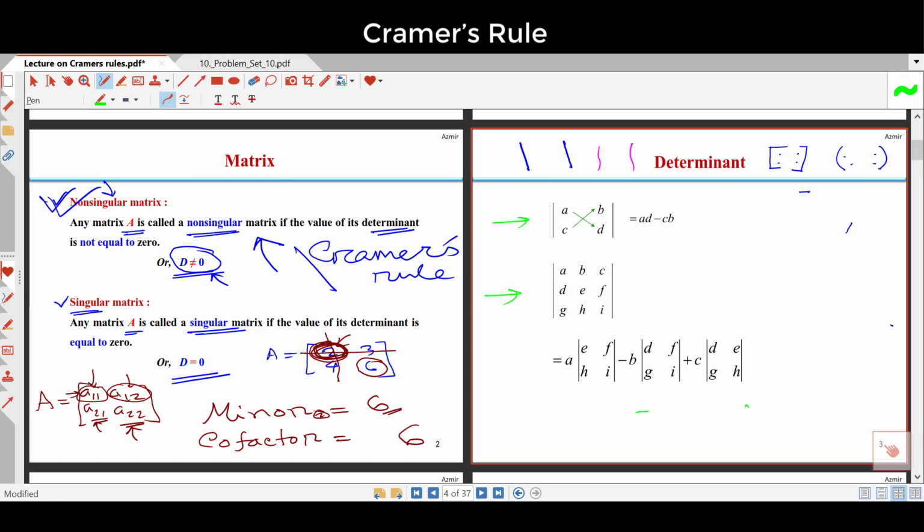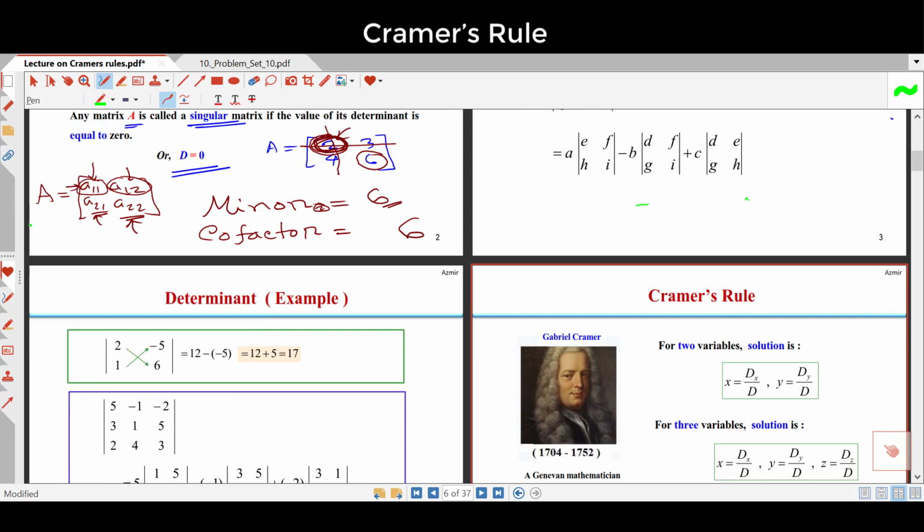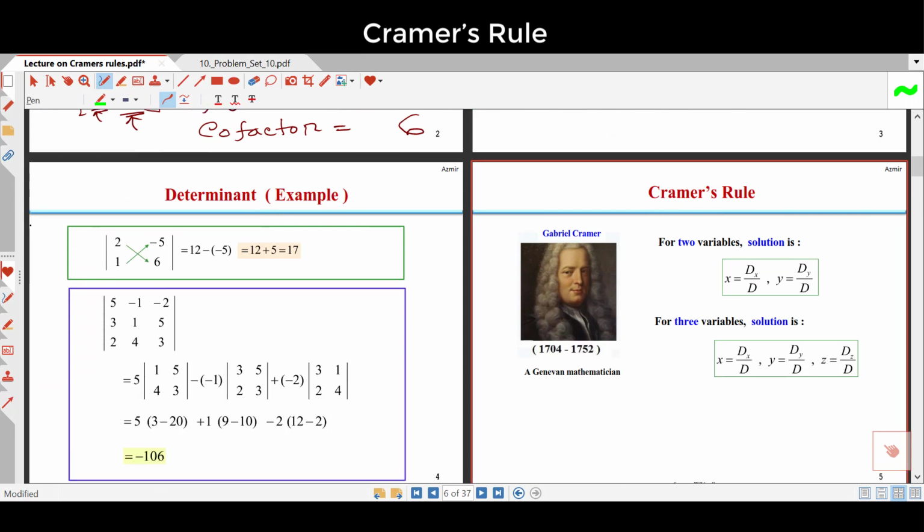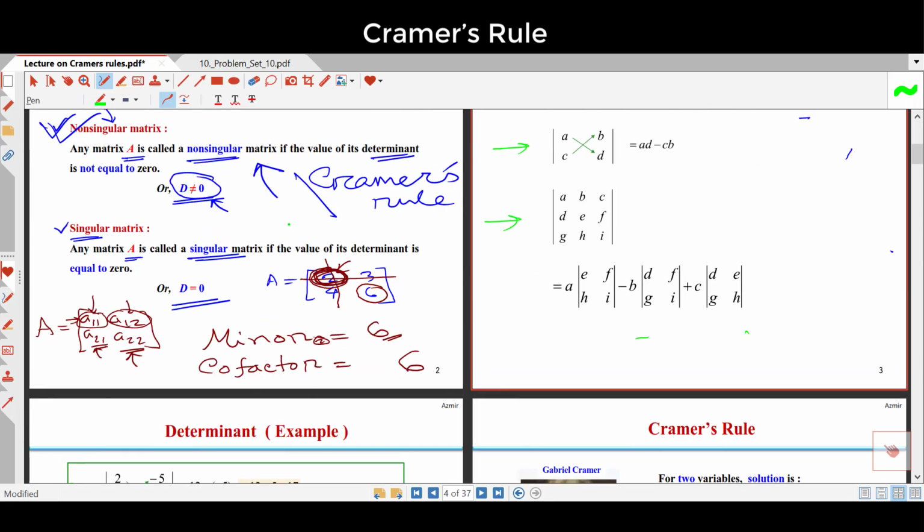You will get to know the idea again if we have a look on two examples. Suppose we have the matrix 2, 1, minus 5, 6 and its determinant is this one. So how to find the determinant? It will be 2 times 6, that is 12, minus, this minus is coming from the formula.